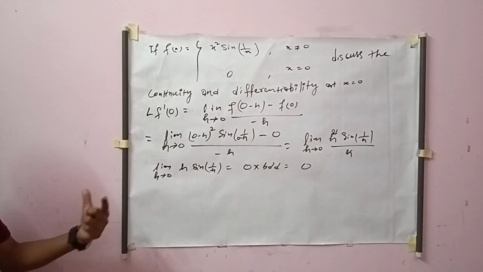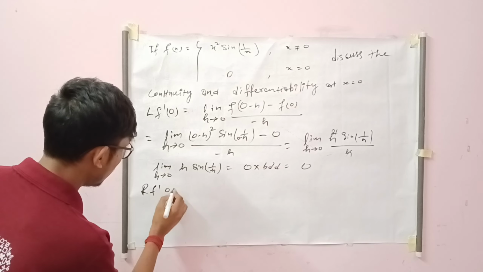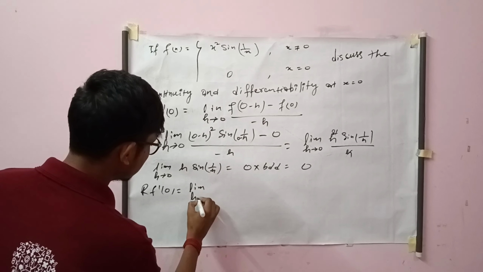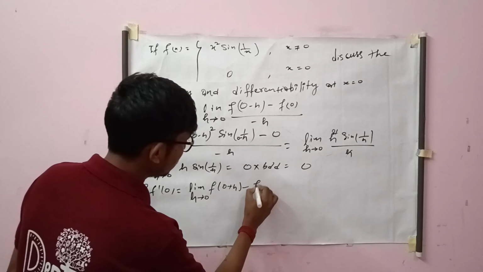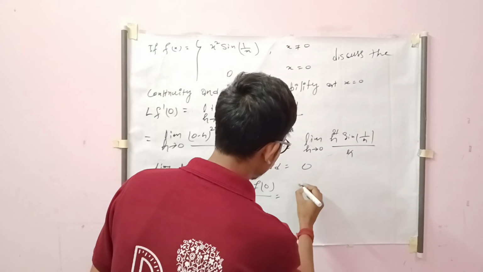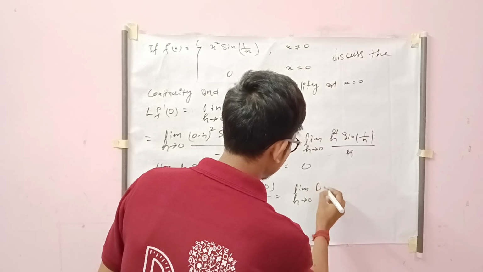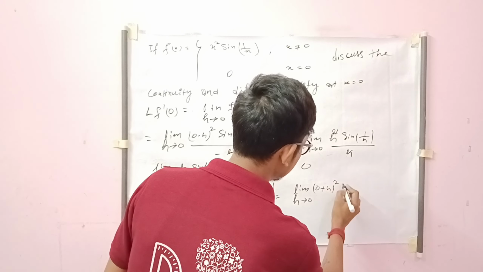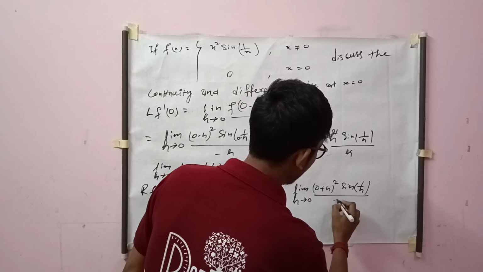Now how do we check the right hand derivative? Rf'(0) equals limit h tends to 0 of f(0 plus h) minus f(0) upon h.